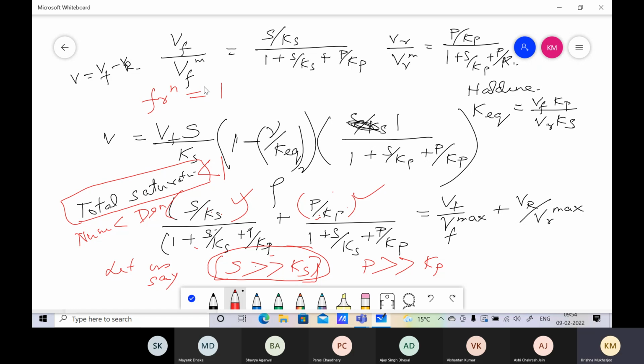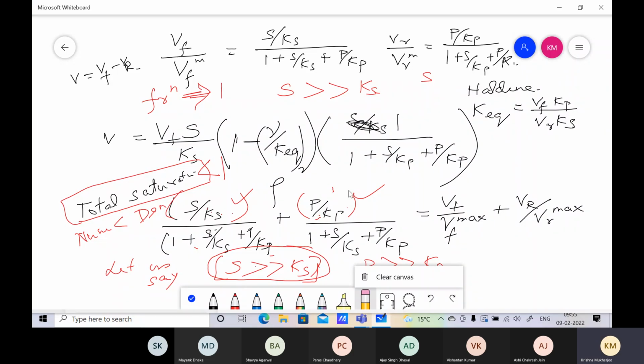So I'm trying to make a conceptual point here. Fractional saturation earlier tended to 1 in Michaelis-Menten kinetics the moment S was much larger than Ks. In ordinary Michaelis-Menten kinetics, the requirement for fractional saturation approaching 1 was simply that S be much larger than Ks.